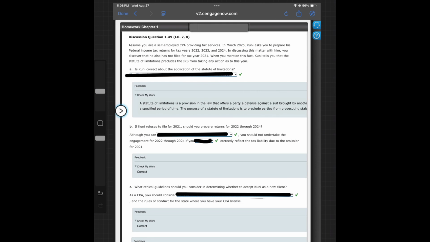All right, so we're speed running this, and Cooney is not right. There is no statute of limitations if you don't file your tax return. So you can only recommend that they file their tax return.